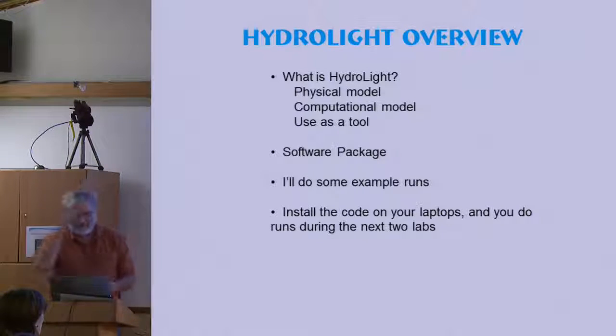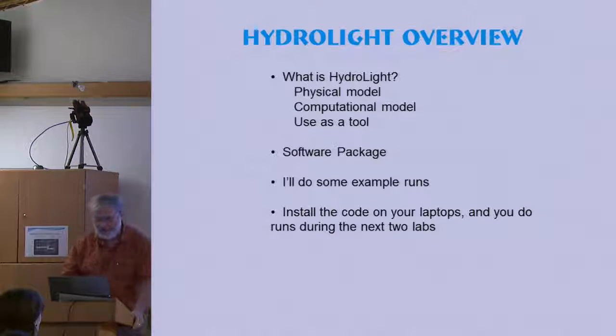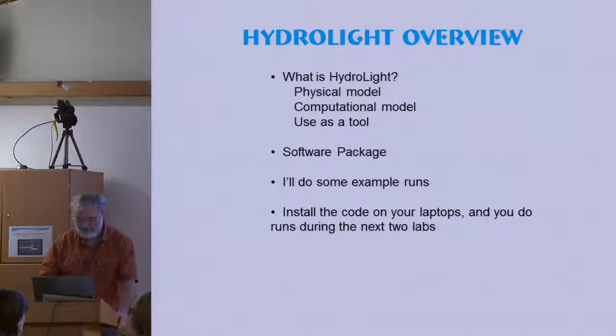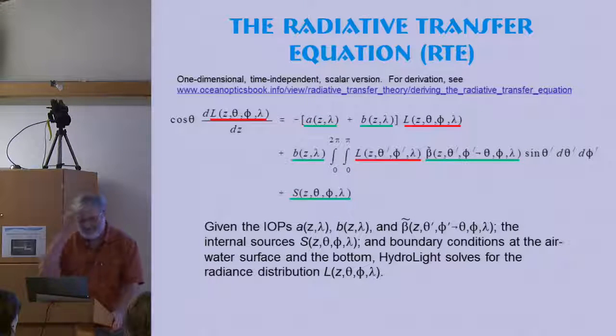I'll say a little bit about the software, and then I'll do some example runs and show you how to do everything, how to look at the output, and then we'll install the code, and I'll have a series of little exercises that you can do working together and learn more about it. And then of course you're welcome to keep running it for the rest of the class.